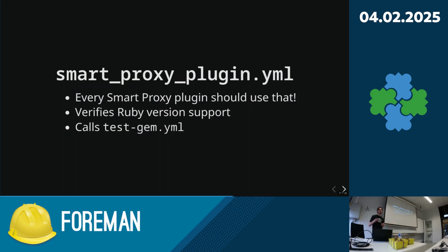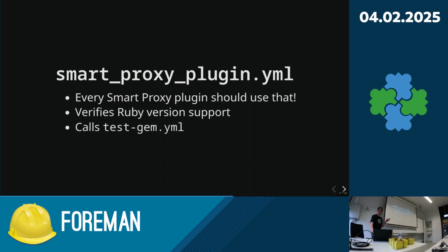We also added a matrix.json file to the smart proxy itself, and another step so that even though we test all the different Ruby versions, we also verify that the versions we expect are there. You can't say I'm not going to support Ruby 3.0 in my smart proxy plugin if the Foreman proxy itself is supposed to support that. So this is what every smart proxy plugin should use. Conceptually, it's exactly the same as the Foreman plugin, just a bit more tailored.